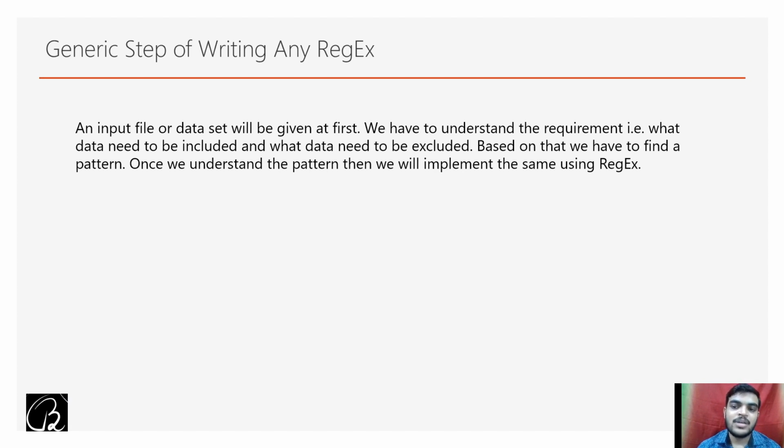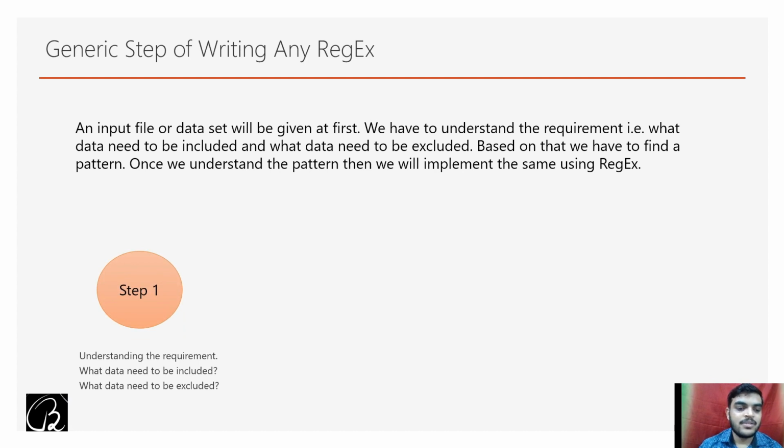Based on that, you have to find some kind of pattern. Once that is done, you implement the same pattern with the help of a regular expression. And at the end, you use a regex engine to apply it to the given input dataset. Now let's understand it again step by step.